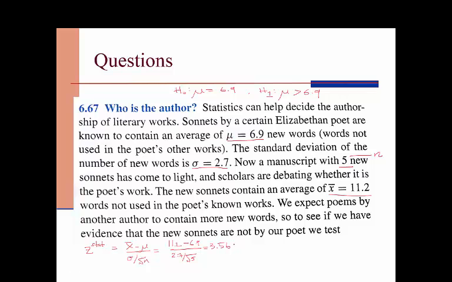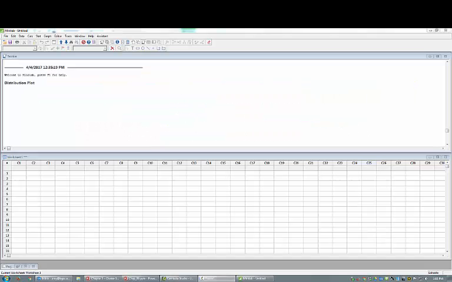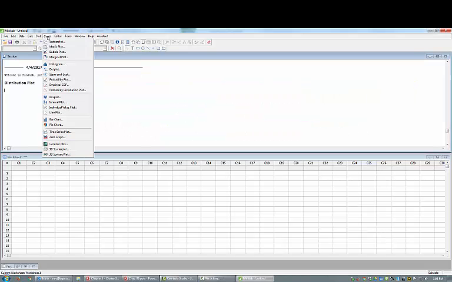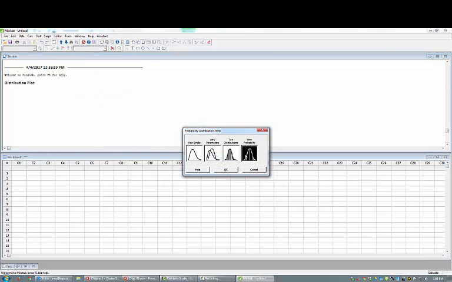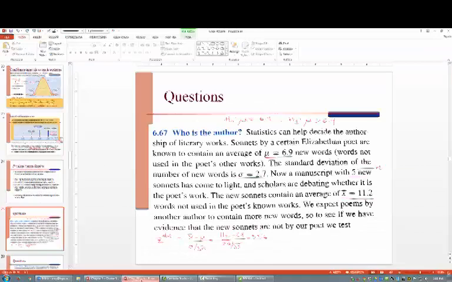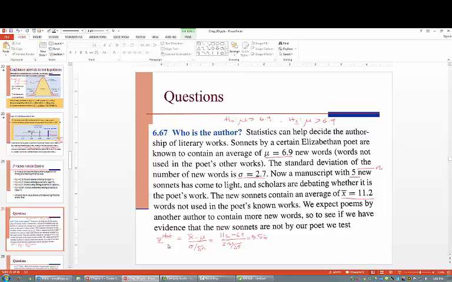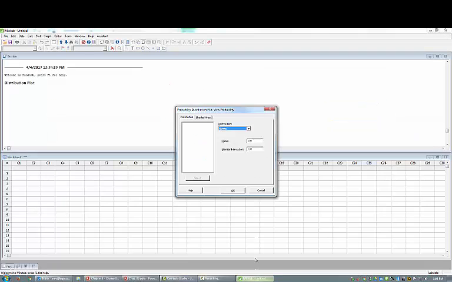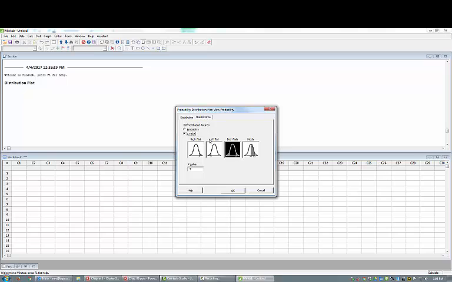Okay, now to find p-value, we have to go to Minitab. So to find the p-value, we go back to graph, probability distribution plot, view probability, right, same space. Again, we're working with the z-values. We already have our z-value from the question. Z-stat is 3.56. You want shaded area.